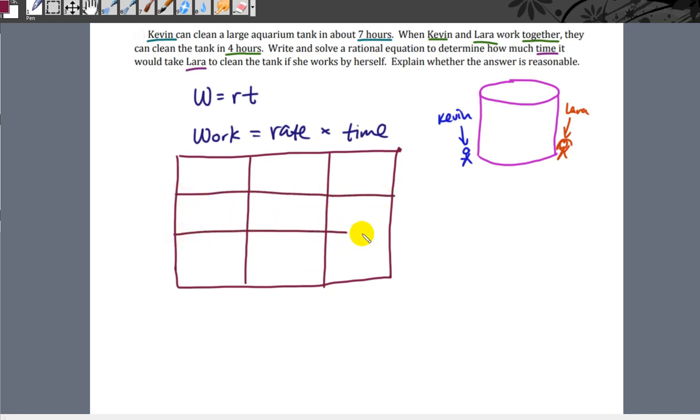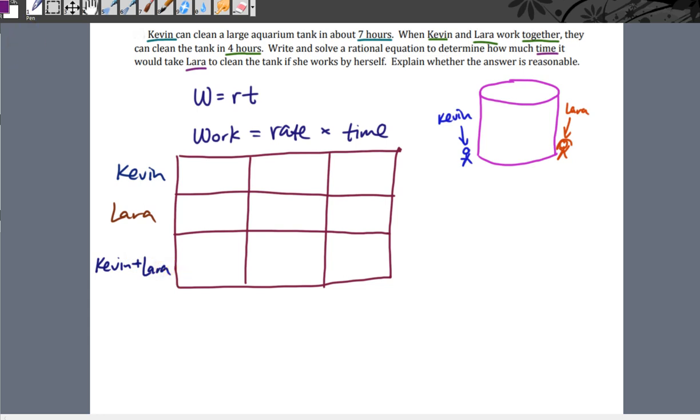So what I'm getting at is we need to create something here. We have Kevin, and then we have Lara, and then we have when they work together, so Kevin plus Lara.